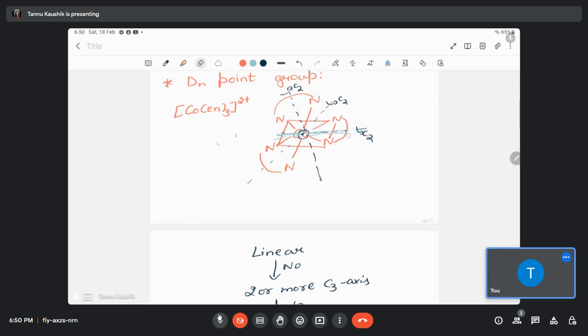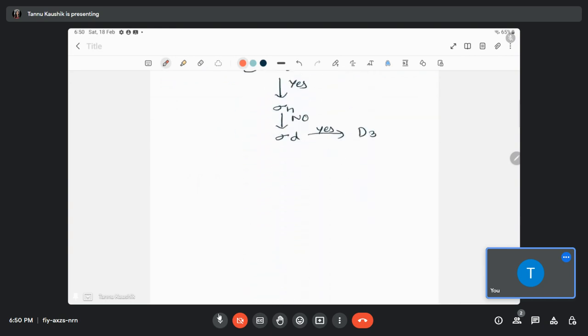So we don't have a sigma dihedral plane here. That's why we have D3 point group.